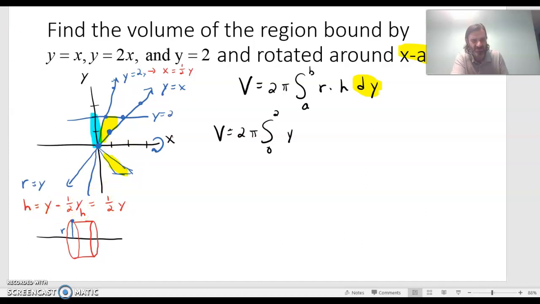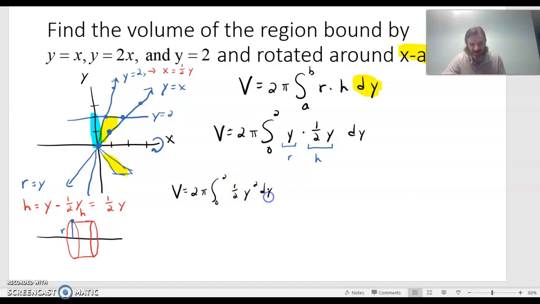So what do we got here? We got the volume being 2 pi times the integral from 0 to 2 of the radius y and the height 1/2 y dy. Let's clean that up a little before we go in. So 2 pi from 0 to 2 of 1/2 y squared, and then we'll do our integration.